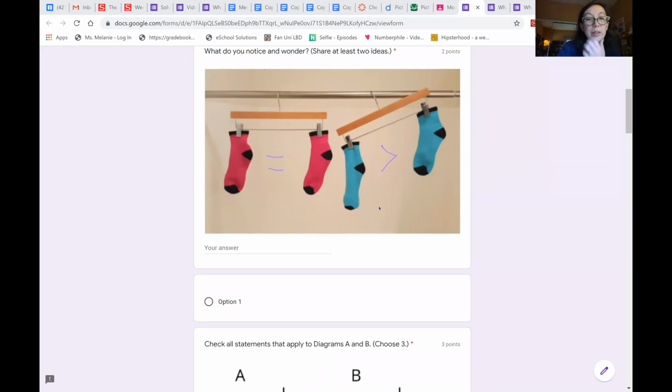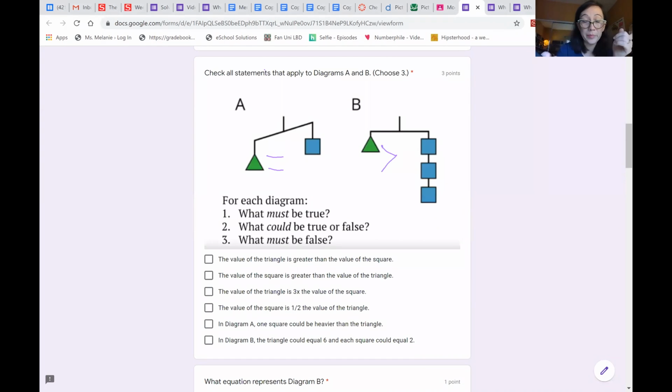Okay, so that's the same for this one. In this case, what I've written is not true, right? The triangle is not equal to the square. This triangle is equal to these 3 squares. So let me clear that. If it's pulling it down, it must be way more.